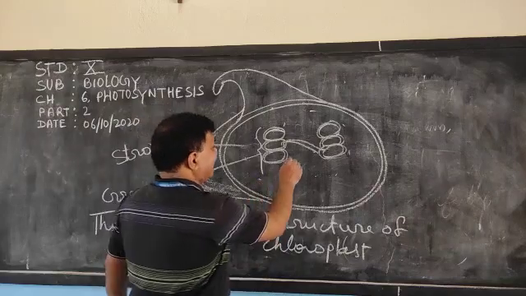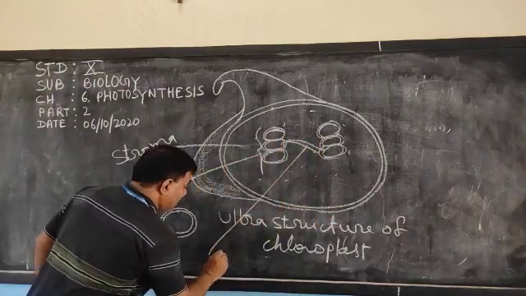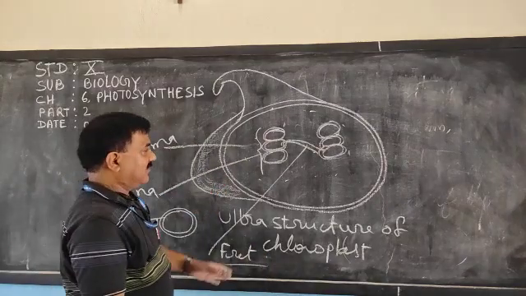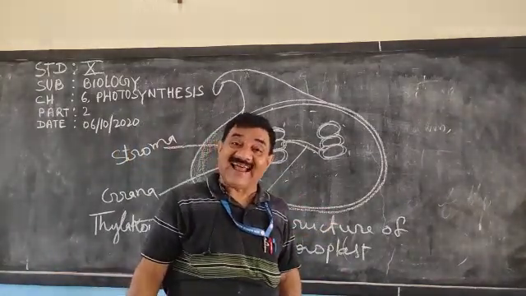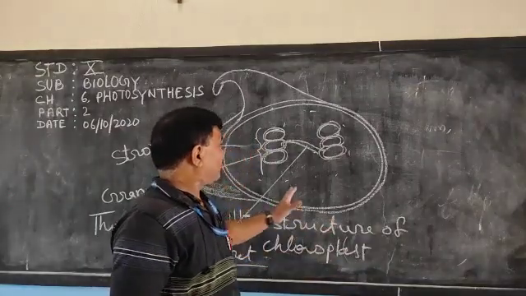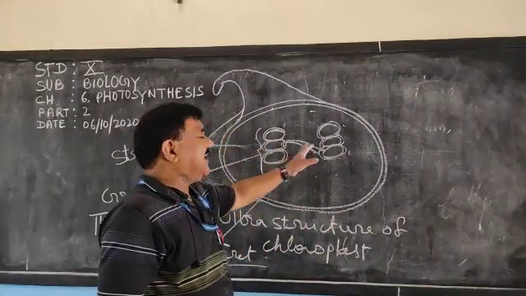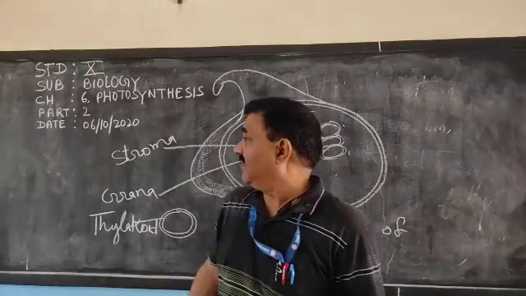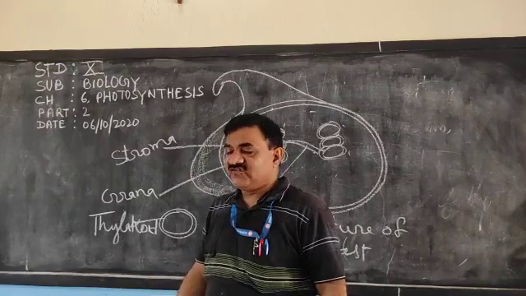And this connecting link is called fret. So we have understood about grana, the thylakoid, the stroma, and the fret. So this is one very easy diagram showing the ultrastructure of a chloroplast.